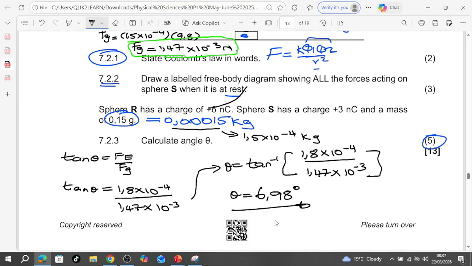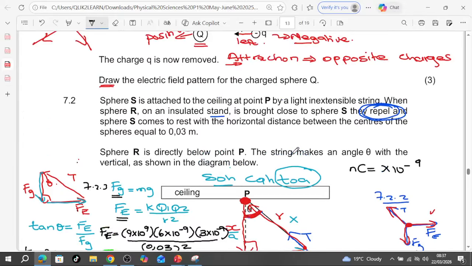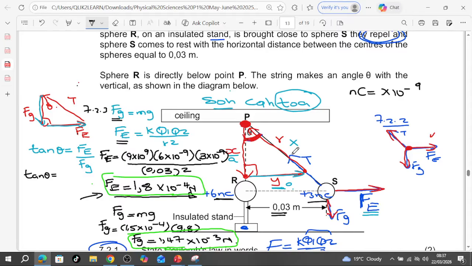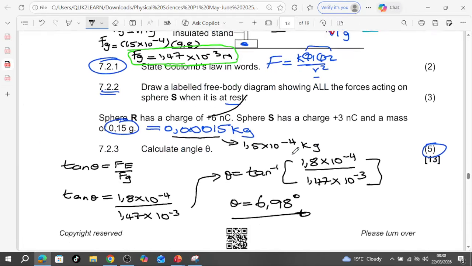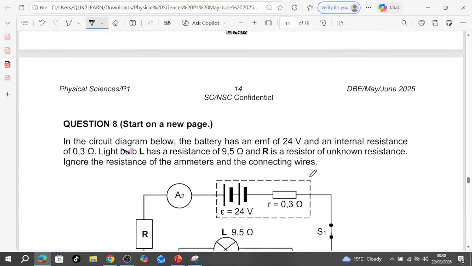And that's it for this question. This will be the last part of question 7. I hope you are happy about the steps that we did to find the 13 marks. It's a ding ding ding, get in.